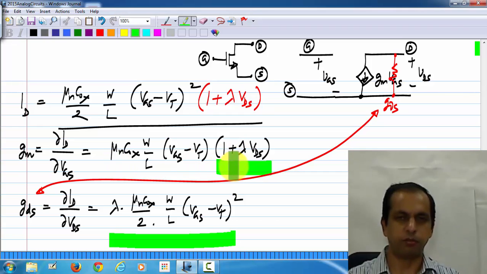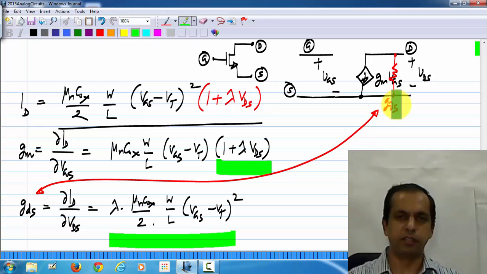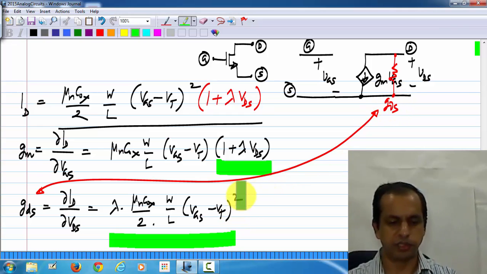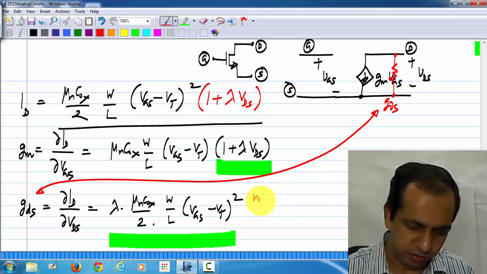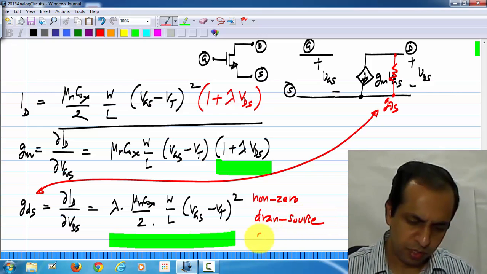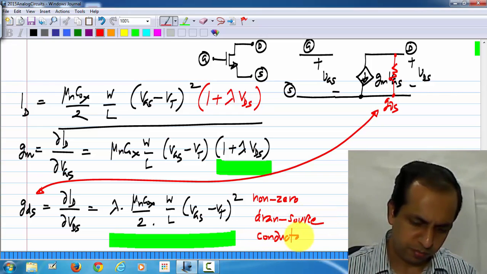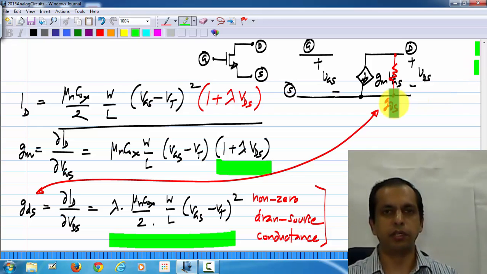So, the value of GM changes a little bit, but we do not usually worry about that. Whereas, this one was 0 and now we have a non-zero conductance. So, this is the most important effect. We have a non-zero drain to source conductance, and of course, this applies to the incremental picture. We have a non-zero drain to source incremental conductance.